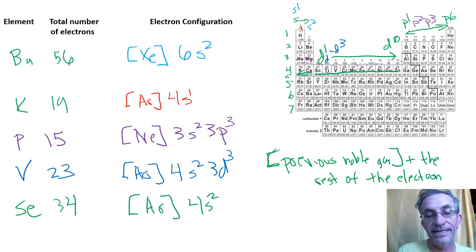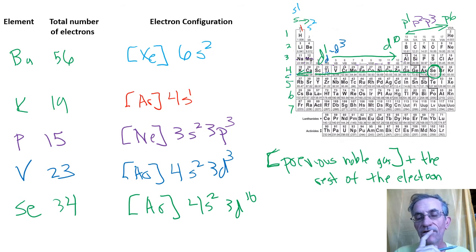Now, not the 4D, the 3D, 10. And then what am I doing? I'm trying to get to, I erased it, selenium. So then we start going, and now this is the P region. 4P or 3P? 4P. It should look like that.